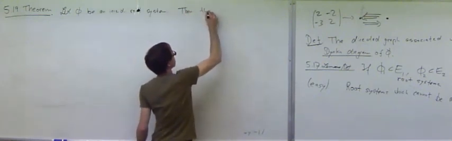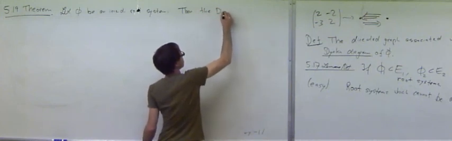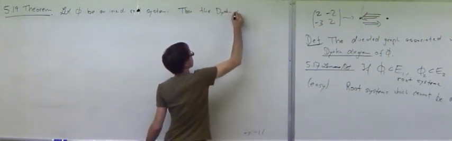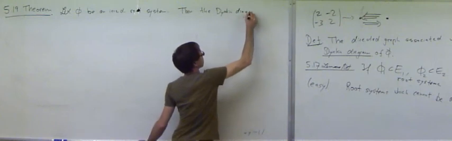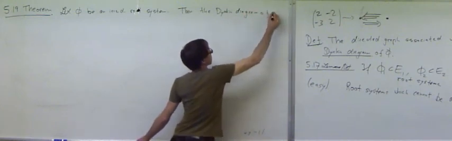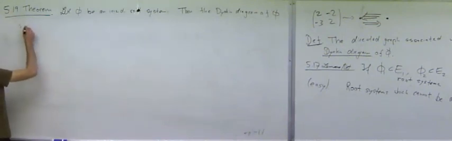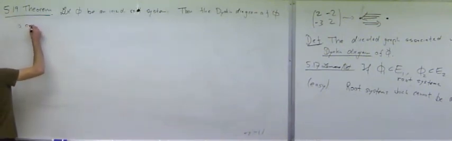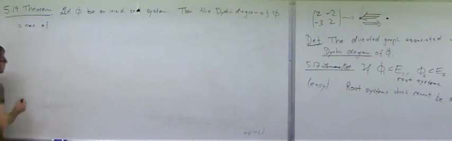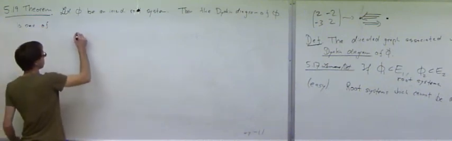Then the Dynkin diagram of this root system is one of the following.